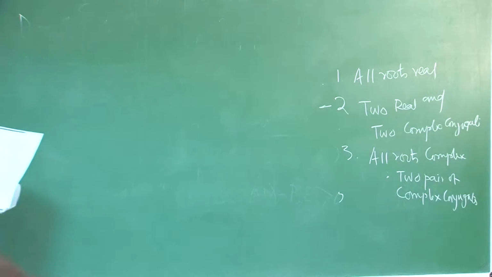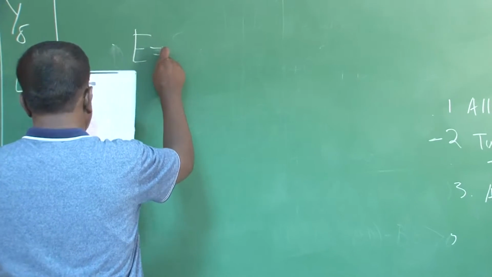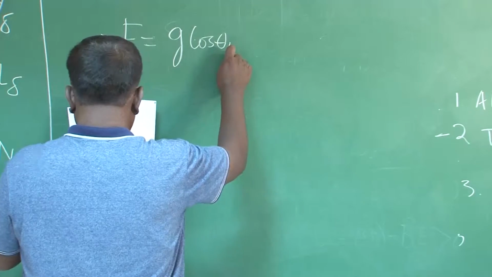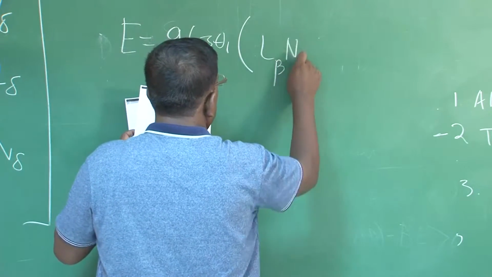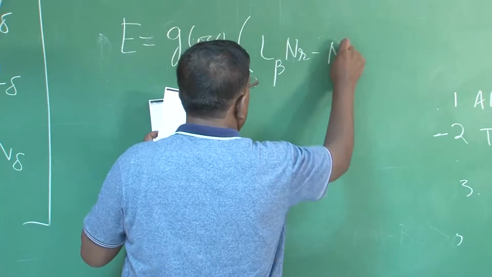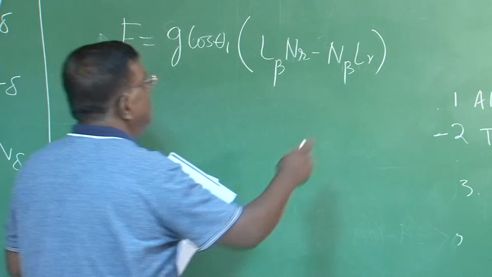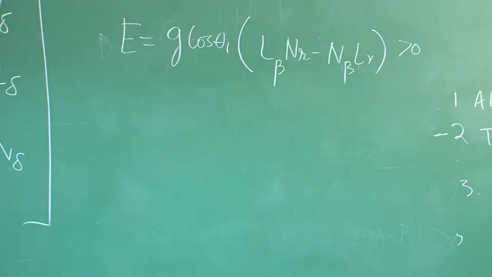And if I give a closer look to E, where E is g cos theta 1 into L beta NR minus N beta LR, this has to be greater than 0 for satisfying dynamic stability criteria.